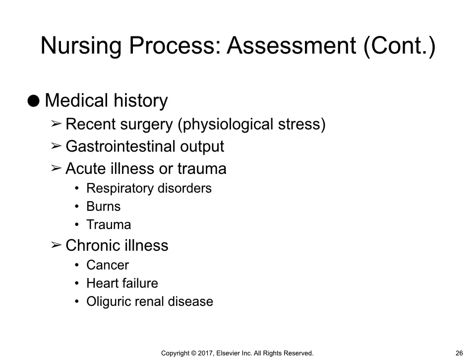Increased output of fluid through the GI tract is a common and important cause of fluid, electrolyte, and acid-base imbalances that requires careful assessment. Acute conditions that place patients at high risk for fluid, electrolyte, and acid-base alterations include respiratory diseases, burns, trauma, GI alterations, and acute oliguric renal disease.